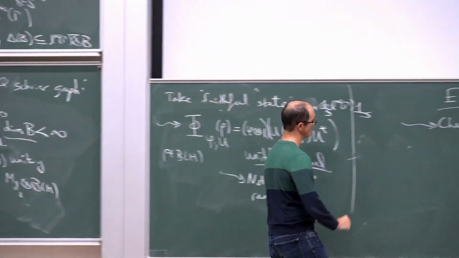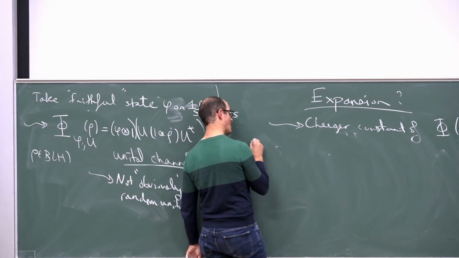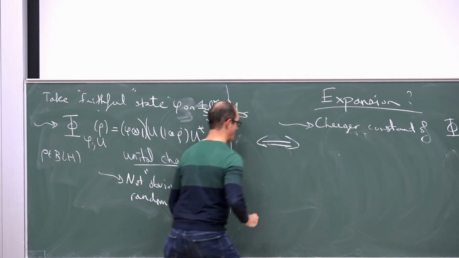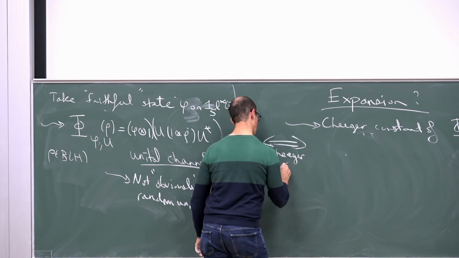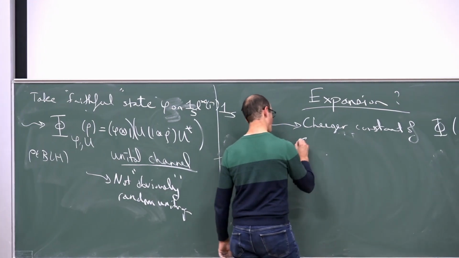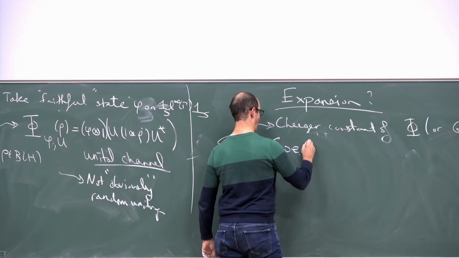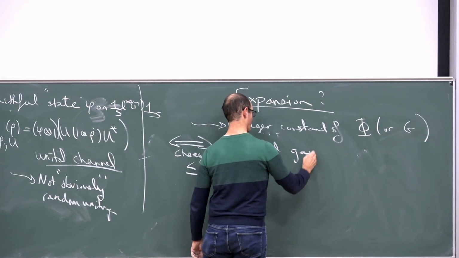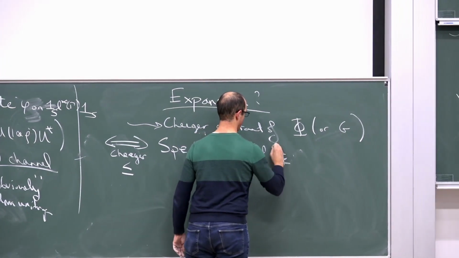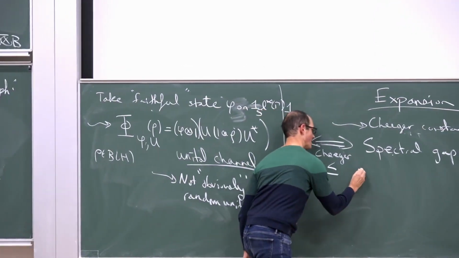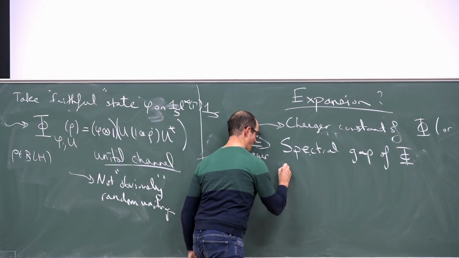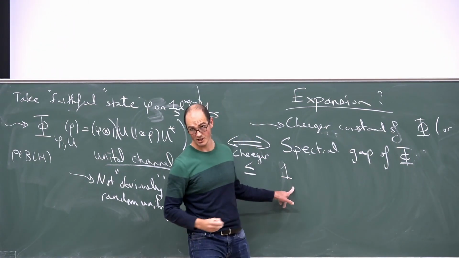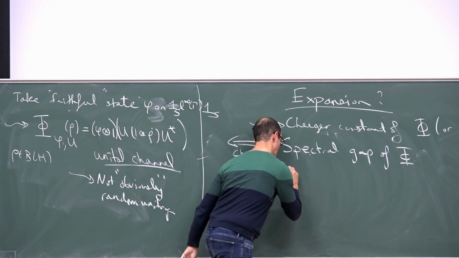And since I'm running low on time, this is really by these Cheeger inequalities coming from the spectral gap of the channel phi. Okay, and what we have is the following. Phi has eigenvalues, and the largest eigenvalue of its self-adjoint is 1.